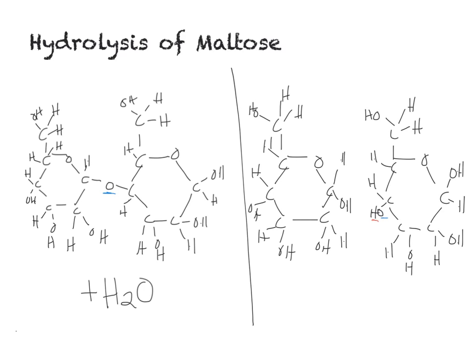This hydrogen came from one of the hydrogens in the water molecule. This oxygen came from the water molecule, and this hydrogen came from the other hydrogen in our water molecule. So that is hydrolysis of maltose.